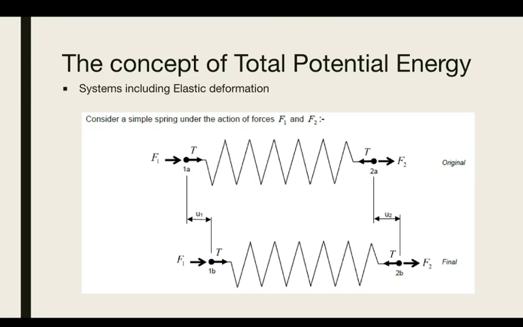Then both of the ends are displaced by a distance of u1 and u2. The forces remain the same, but there will be two displacements in the spring. So basically if you apply forces F1 and F2, there will be displacements u1 and u2.